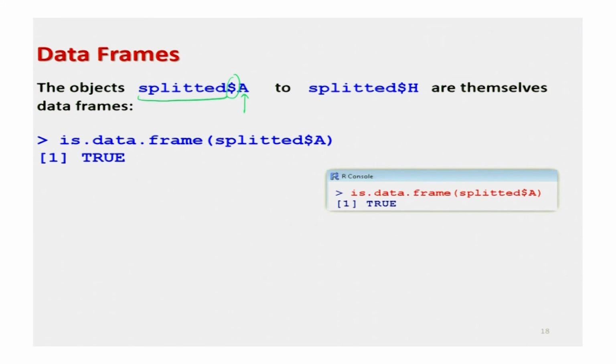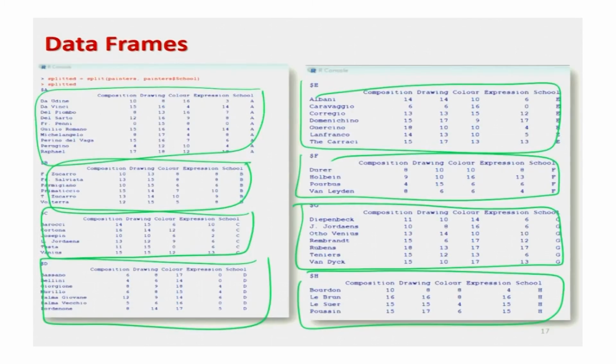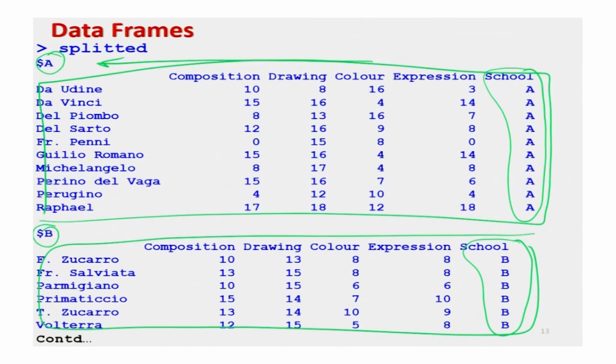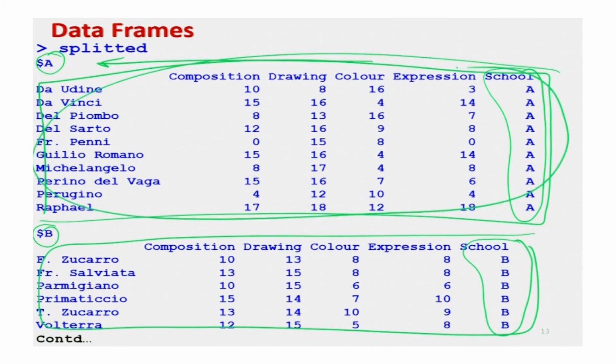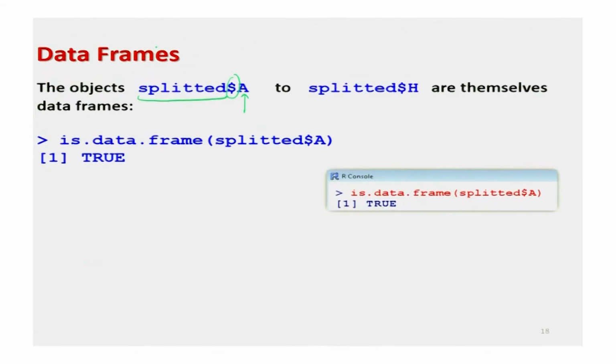For example, if you want the data for A, you simply write $A along with the splitted object. So here I am simply writing splitted$A.